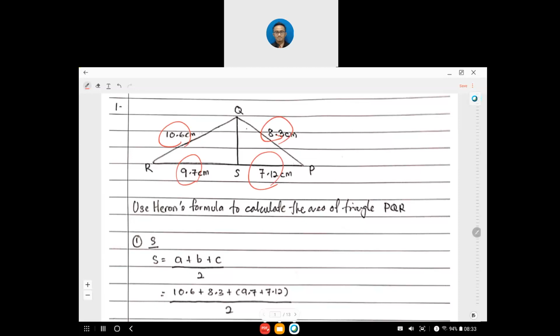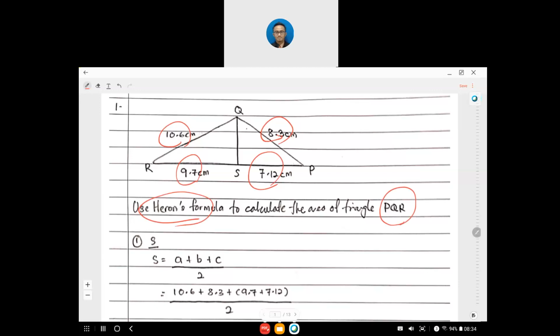Use Heron's formula to calculate the area of triangle PQR. It means that you want to calculate for the whole triangle. So we have two triangles, and the question already mentions using Heron's formula, so make sure you use Heron's formula.